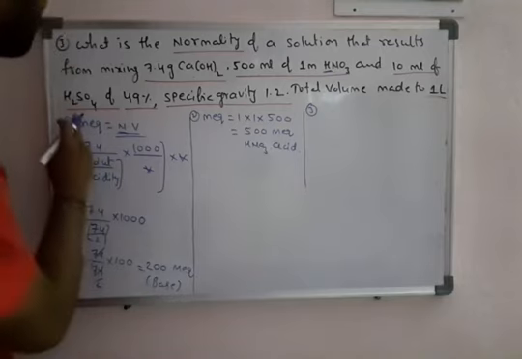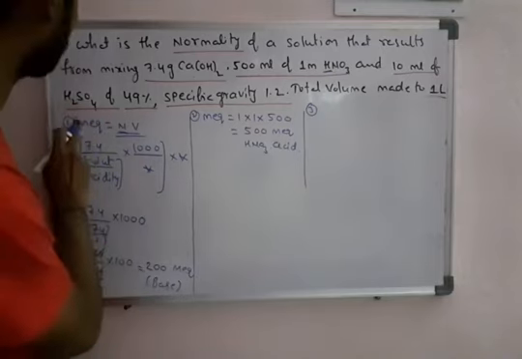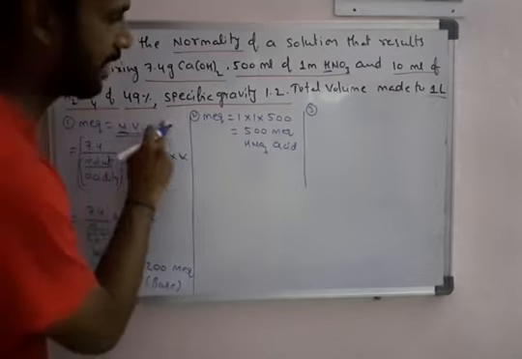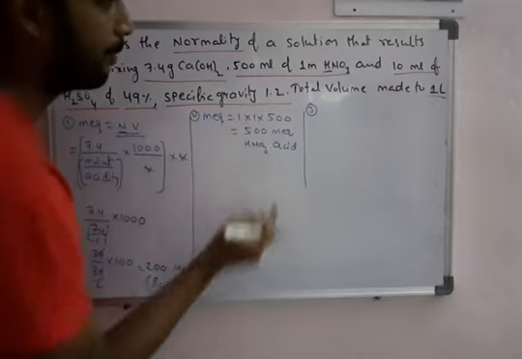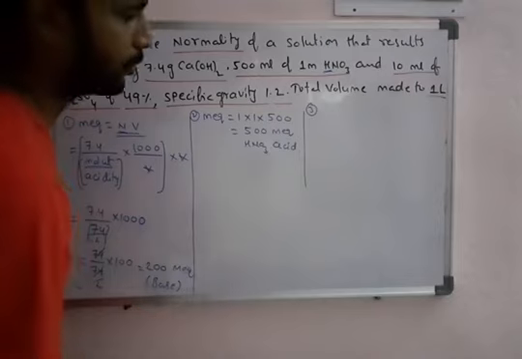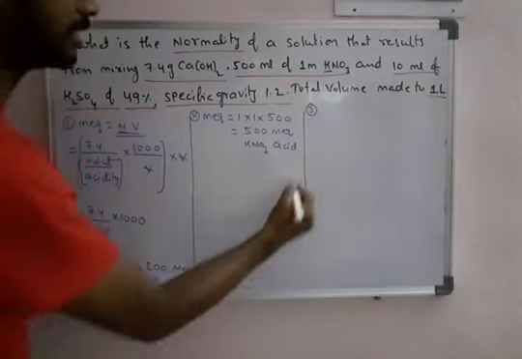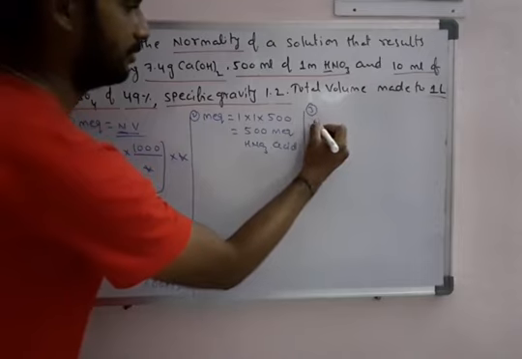So for the third solution, it is given 10 milliliter of H2SO4, 49% solution having specific gravity like this. We know the value, but we don't know the normality. So we find the normality of the solution.